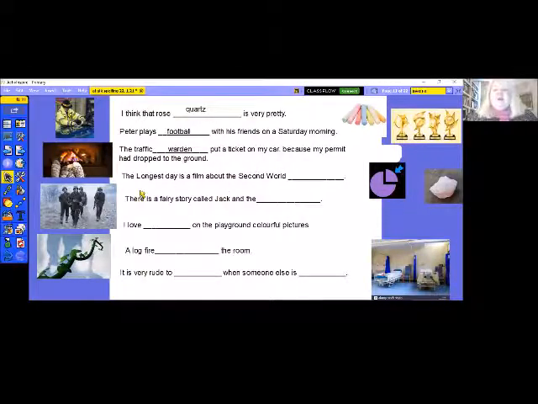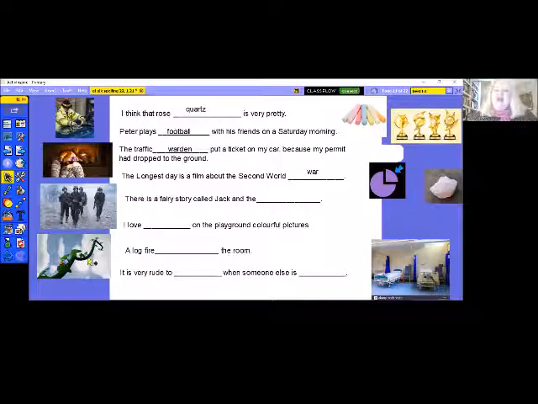Now, this one, The Longest Day, it's a really good film, is a film about the Second World, write the word war, or say it, or spell it. There we are, Second World War. There is a fairy story called Jack and the Beanstalk.